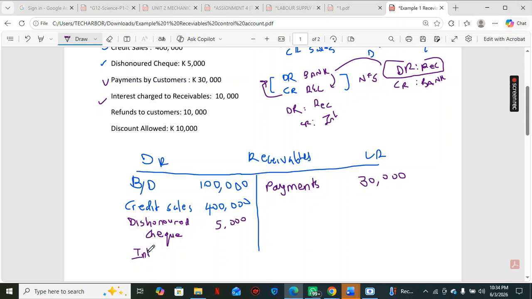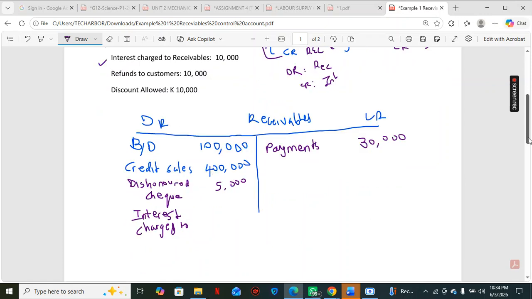Interest charged to receivables, meaning more money is being owed to you, so you debit 10,000.